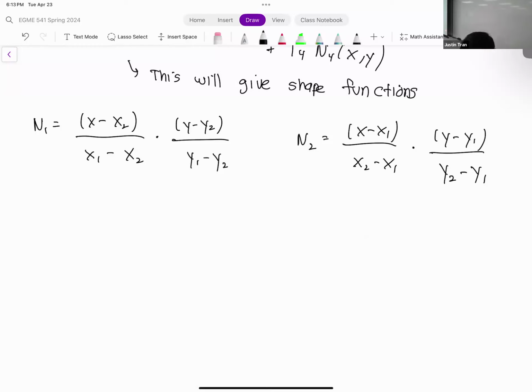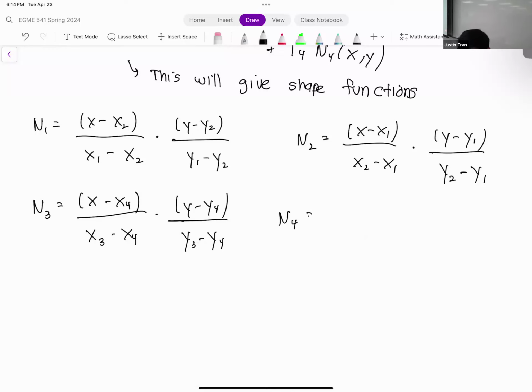And then N3 is equal to x minus x4 divided by x3 minus x4 multiplied by y minus y4 divided by y3 minus y4. And then N4 is equal to x minus x3 divided by x4 minus x3 multiplied by y minus y3 divided by y4 minus y3.